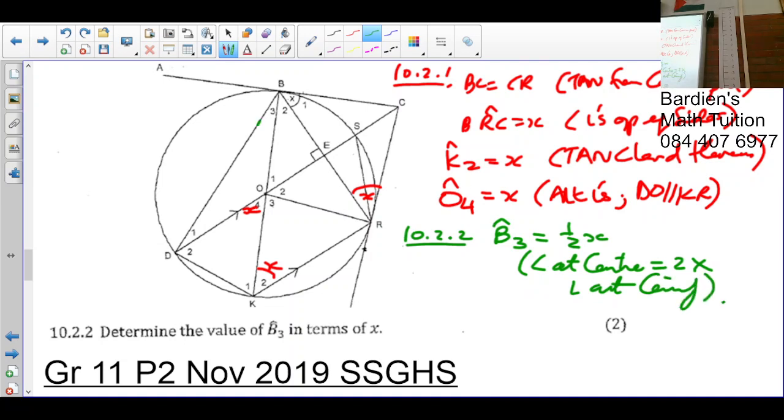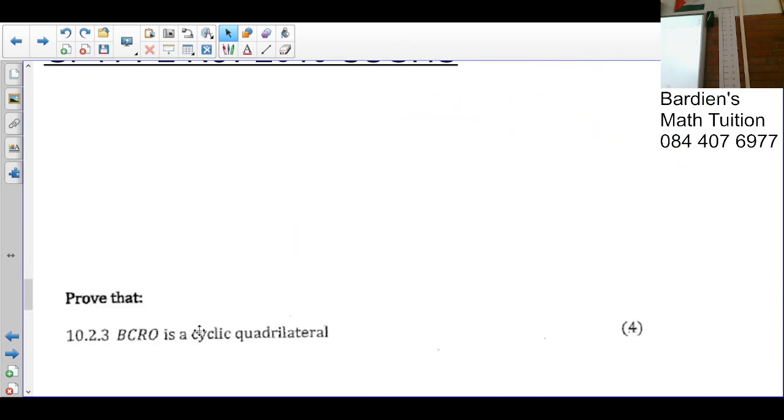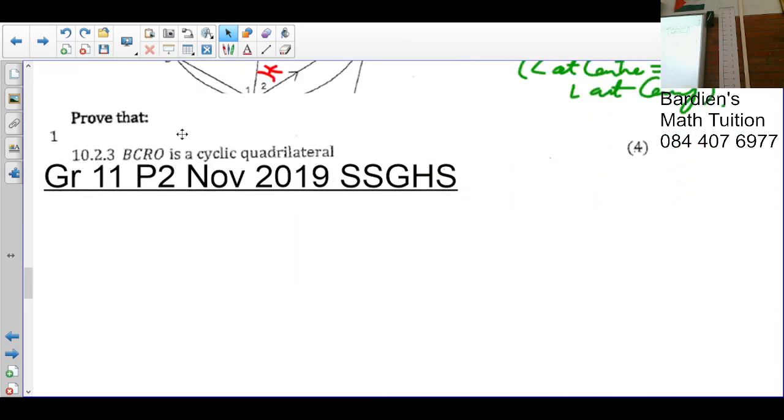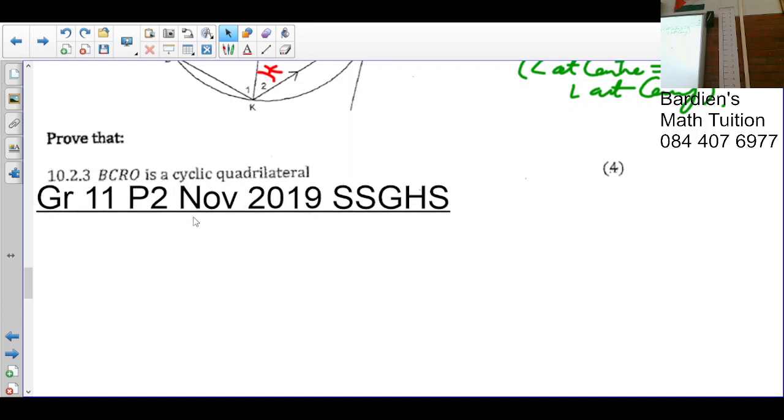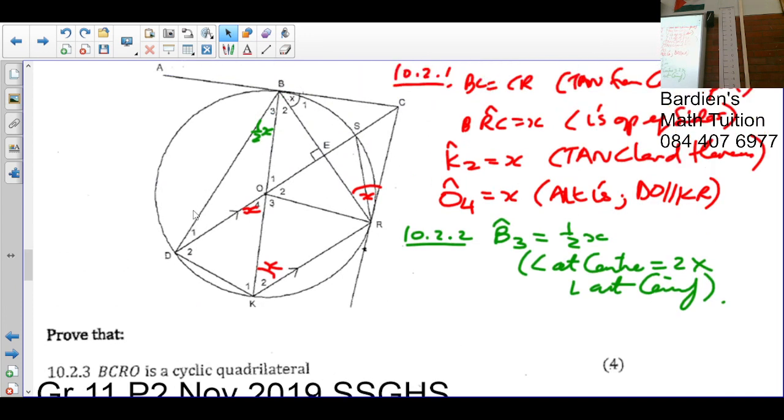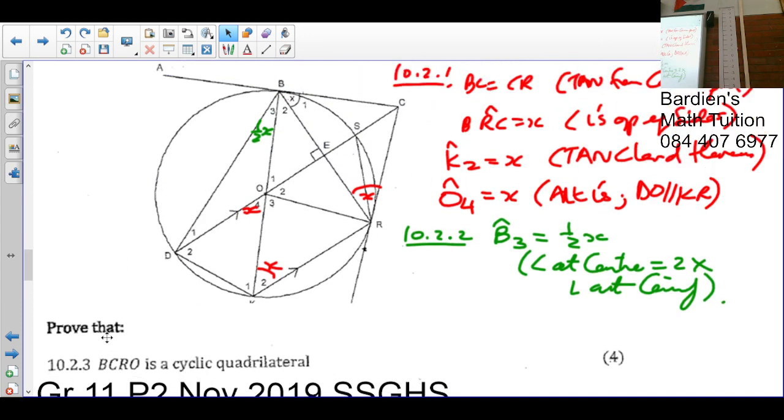So there goes a half x. Okay. As we look at the next question, the next question says, prove that. So remember, here's a K here.